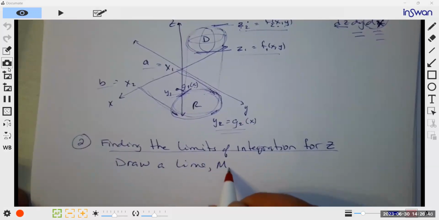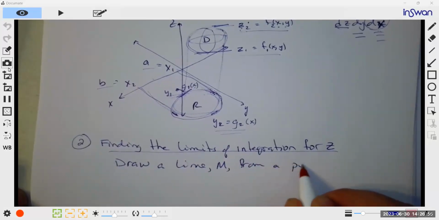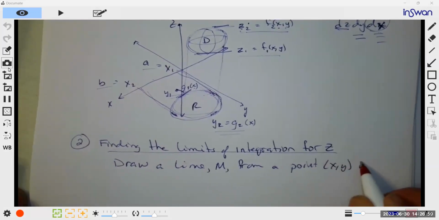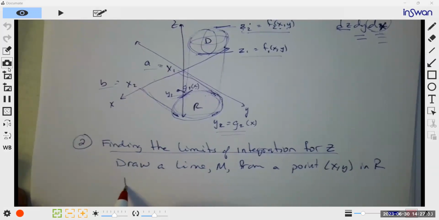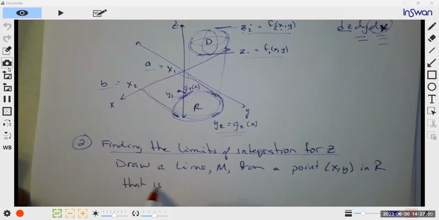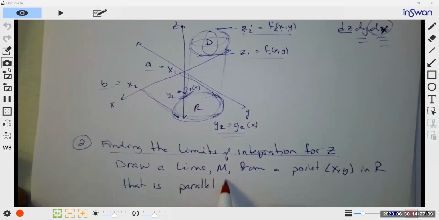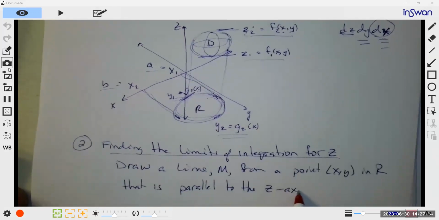Draw a line, we call it M, from a point X, Y in our shadow that is parallel to the Z-axis.